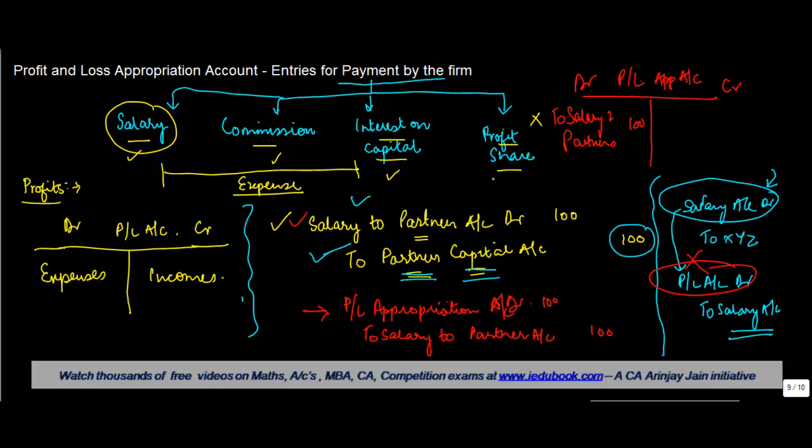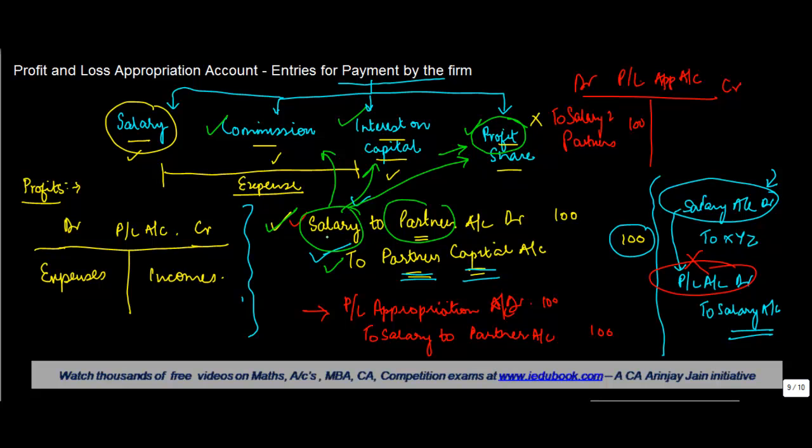right? Just like I took the example of salary to partner, similarly all the other entries, namely commission, interest on capital, and profit share of partner, please note I'm talking about profit share of partner, all of them have similar entries. Instead of the salary to partner account, you will have commission to partner, you will have interest on capital, you will have share of profits. All of them will be debited, and the partners' capital account will be credited.